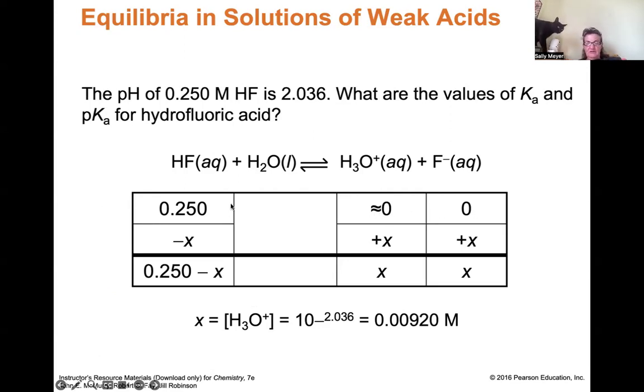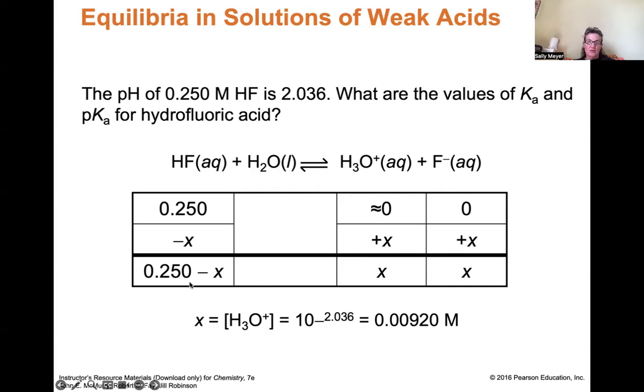Then as it goes to equilibrium, some of the acid dissociates, and every time an HF dissociates, you get an H3O plus. So you get negative X for HF, and positive X for the H3O plus, the hydronium, and positive X for F minus.